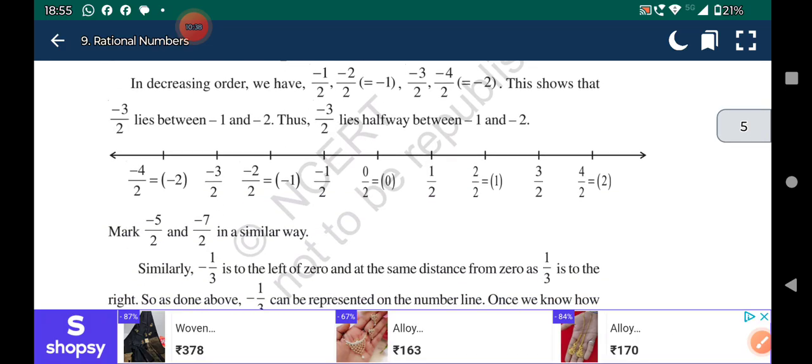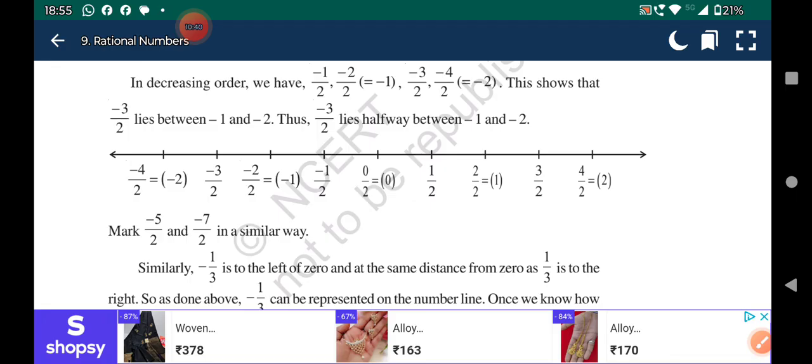In decreasing order, we have minus 1 by 2, minus 2 by 2 equals minus 1, minus 3 by 2, minus 4 by 2 equals minus 2. This shows that minus 3 by 2 lies between minus 1 and minus 2. Thus, minus 3 by 2 lies halfway between minus 1 and minus 2. Mark minus 5 by 2 and minus 7 by 2 in a similar way.